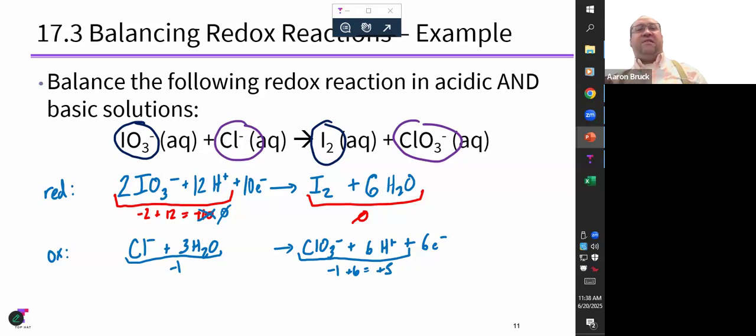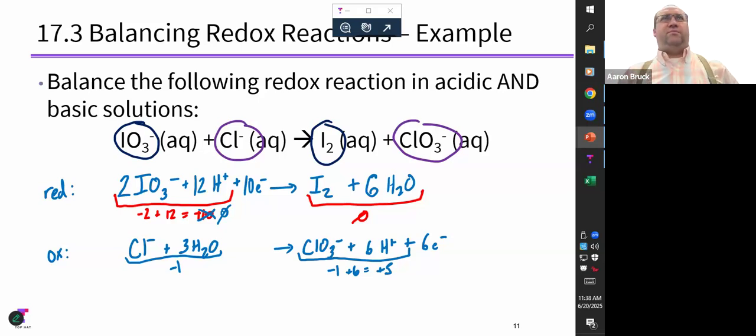All right. Every cycle of chloride gives me 6 electrons. Every cycle of iodate needs 10. So this is where we have to play that lowest common multiple game. What is the lowest common multiple between 10 and 6? It's 30.